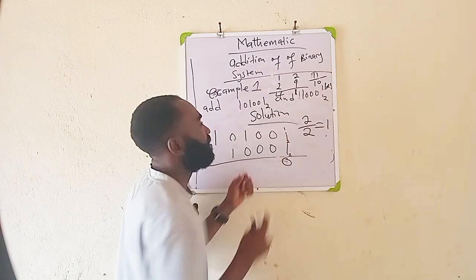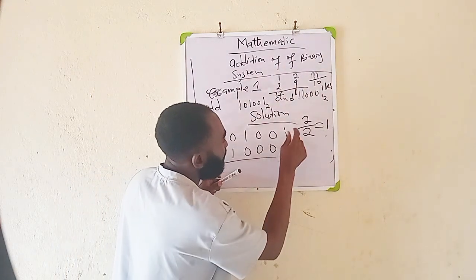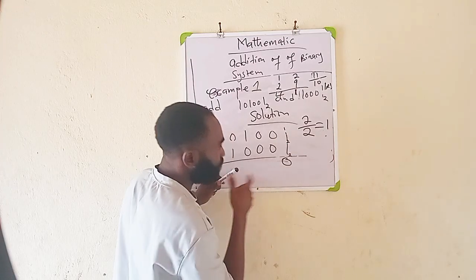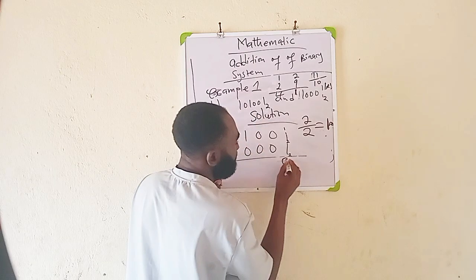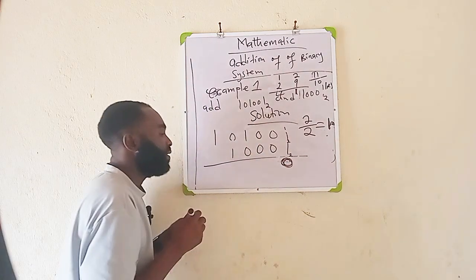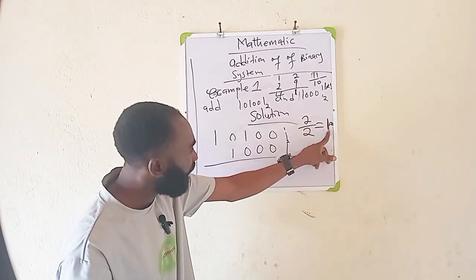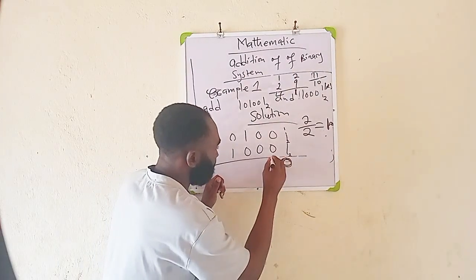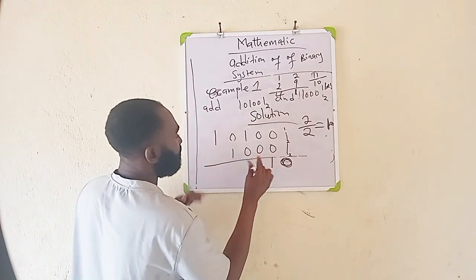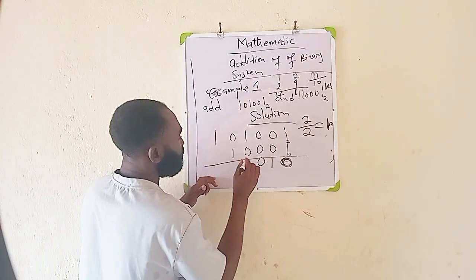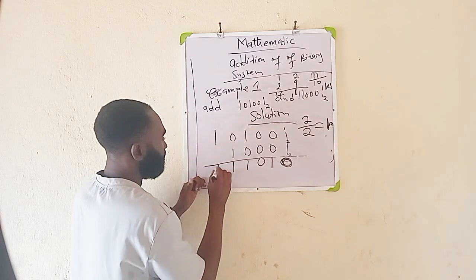The same thing applies here: 1 plus 1 is 2, 2 divided by 2 is 1, remainder 0, and we write that 0 here. Then 0 plus 0 is 0, plus that 1 gives us 1. Since it's not more than 2, 0 plus 0 is 0, 1 plus 0 is 1, 0 plus 1 is 1, and then 1 here is 2.